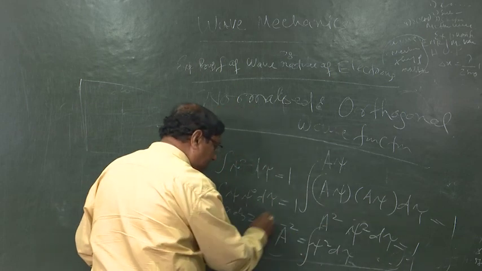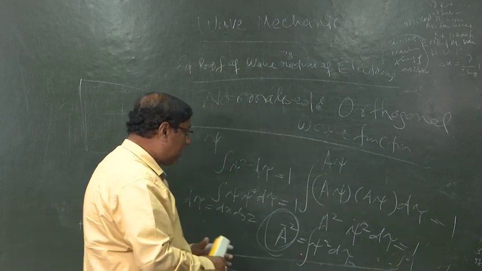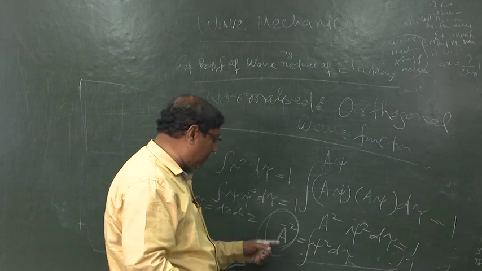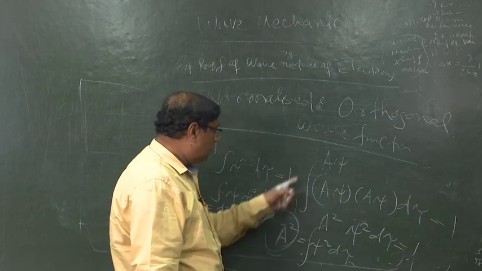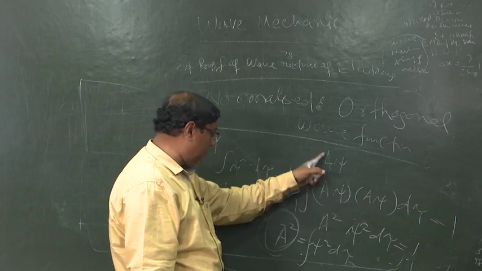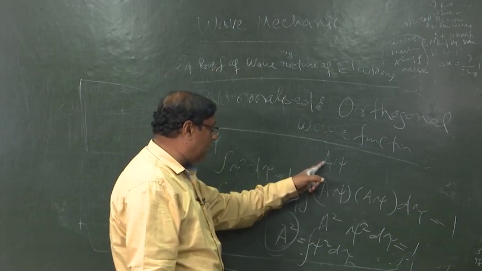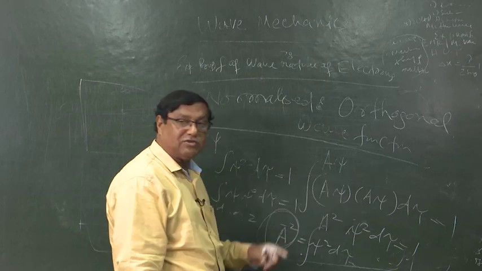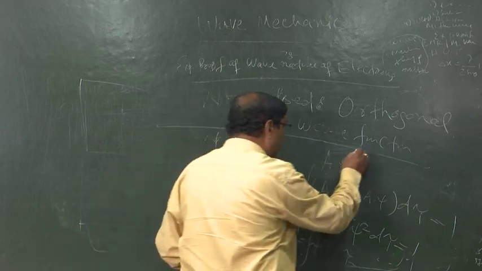You select a in such a way that a psi is a normalized wave function. So if psi is not normalized, you select a from this value, so that multiplying a with psi gives the normalized wave function. Here a is called the normalization constant.